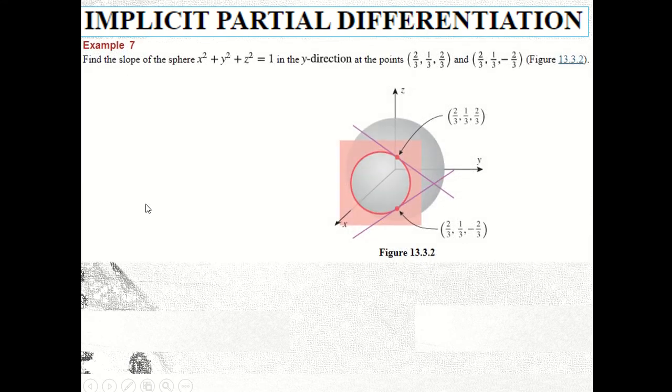So for example, find the slope of the sphere given in this equation, x squared plus y squared plus z squared equal to 1, in the y direction at the points with these coordinates. These are x, y, z coordinates, for this point with these coordinates as shown in this picture.